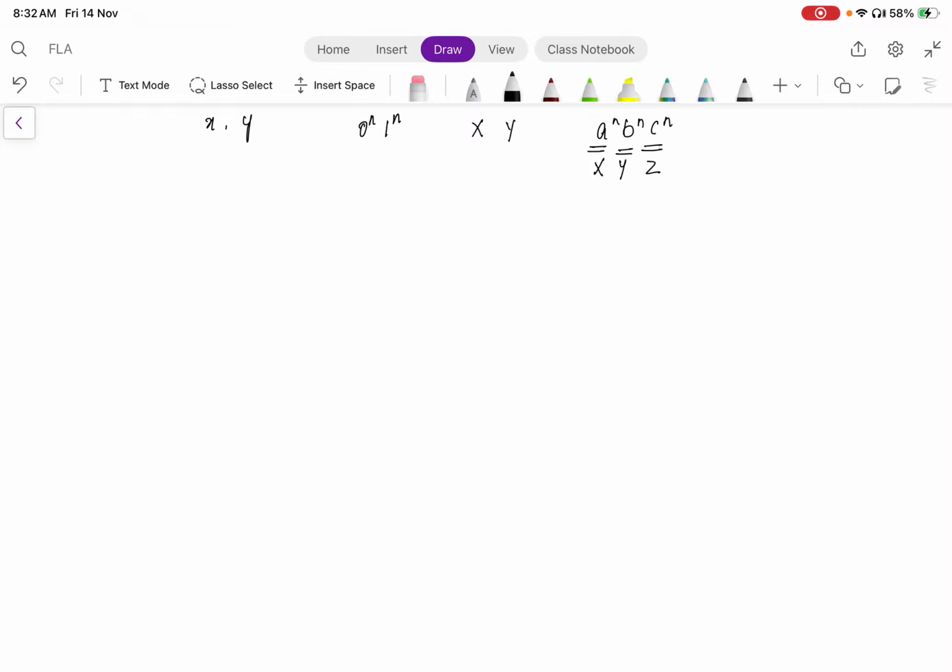So the question is: design a Turing machine for the language L = a power n, b power n, c power n, where n is greater than or equal to 1.